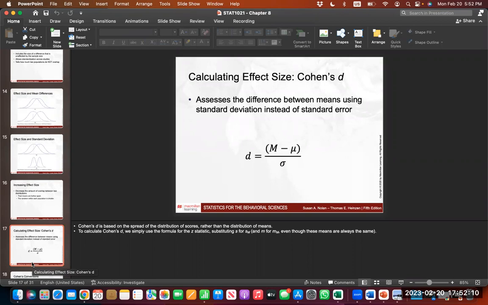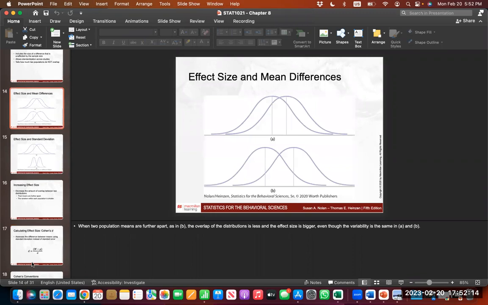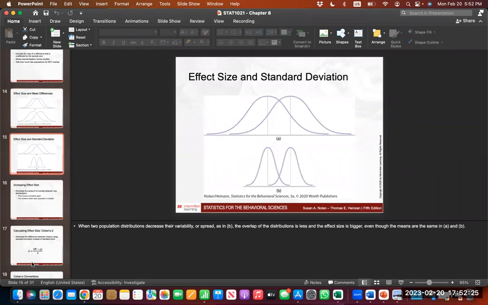The reason why this is important is that if you have effect sizes, you want to really carve out the effect of those differences between the sample and the population mean. If you have effects of sample size, you get into a situation like this where you have the same means, but the significance will be on those with less variability.